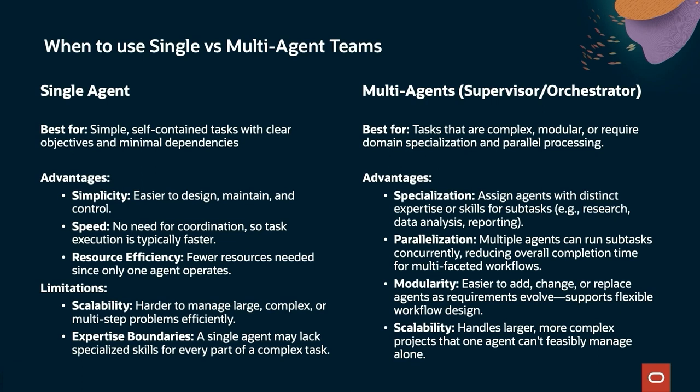Now, when do we go to multi-agent? This is when you have a more complex workflow. A good example that we talk about a lot is the recruiting workflow. There are very distinct specialized skills that you need for the various stages of hiring somebody. You need skills that know how to find good recruit matches. You need skills that know how to do something like scheduling.